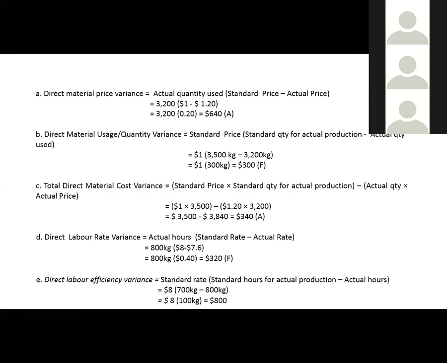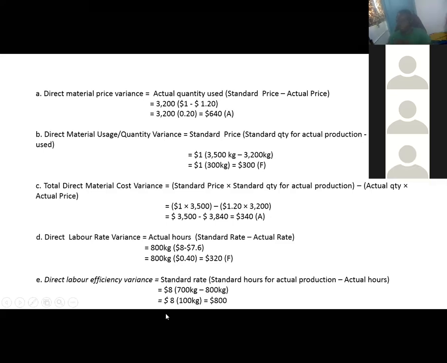I told you that you need to quote the formula. That should be the first thing to do. And the formula is standard price, which will be outside the bracket. Then you open bracket: standard quantity for actual production minus actual quantity used.